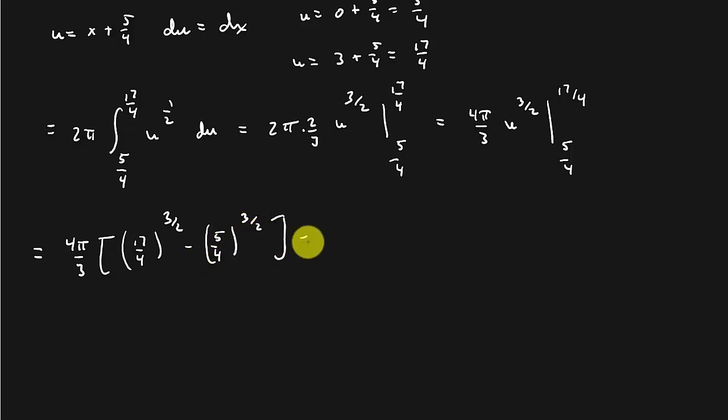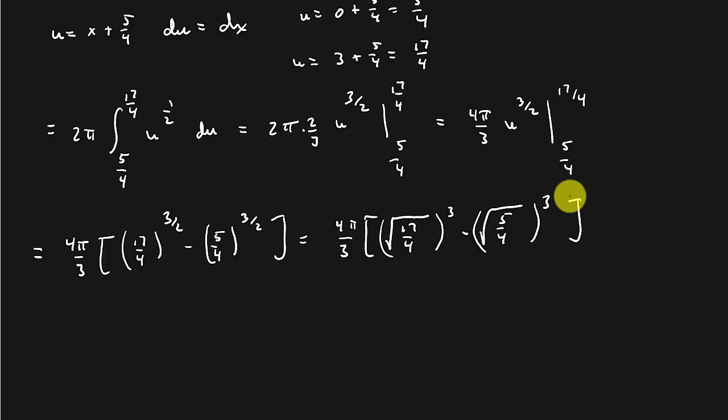All right, and let's do some simplifying here. So that's going to be 4 pi over 3 times the square root of 17 over 4 cubed, changing this 3/2 to a radical form, minus the square root of 5/4 cubed.